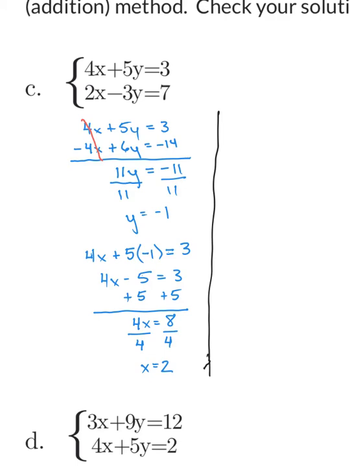Think about if you had denominators of 5 and 3, what would be your least common denominator? Well, it should be 15. So my top equation, I want to multiply by 3. In order to get from 5y, or from 5 to 15, I need to multiply by 3.